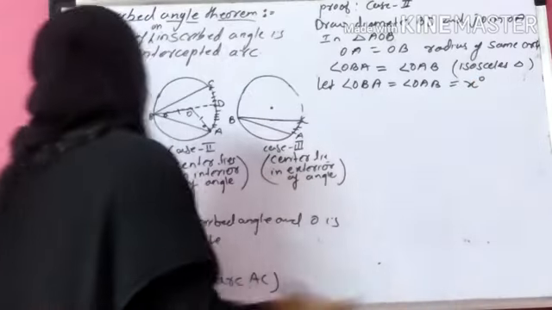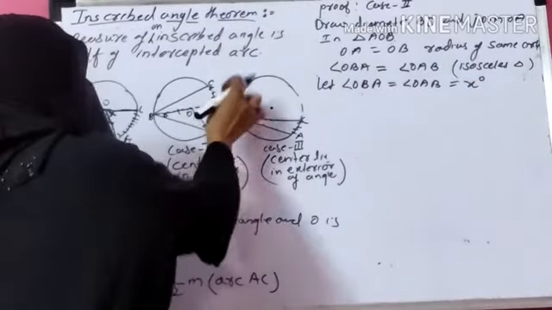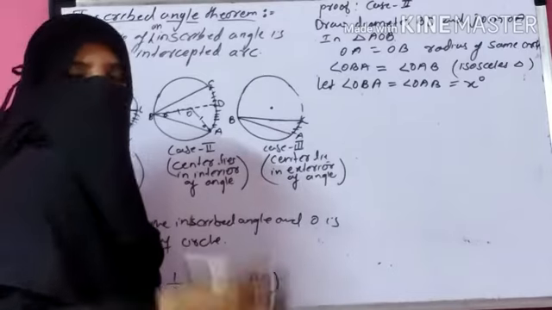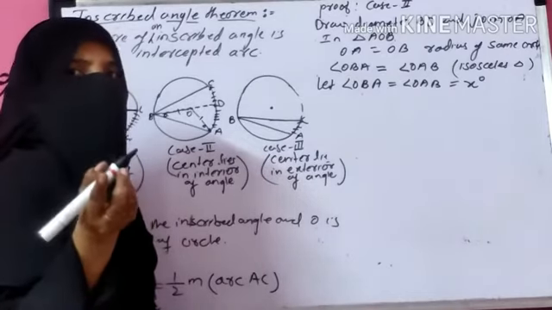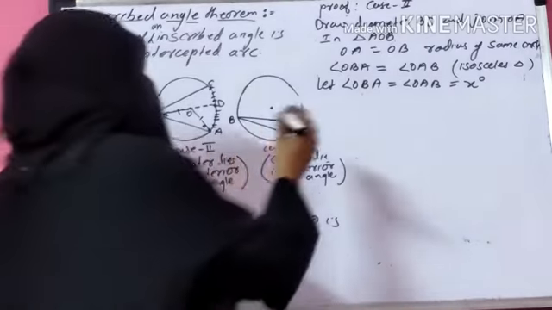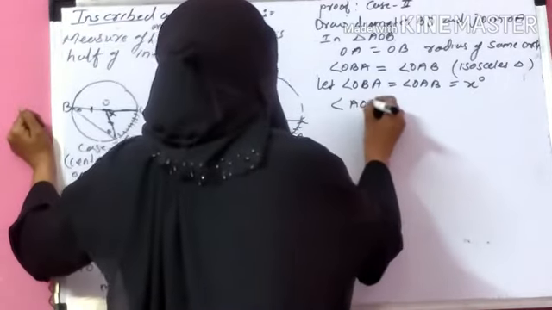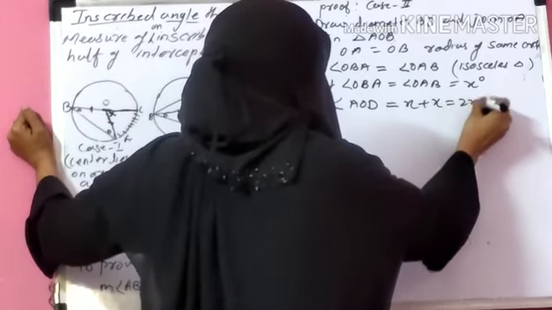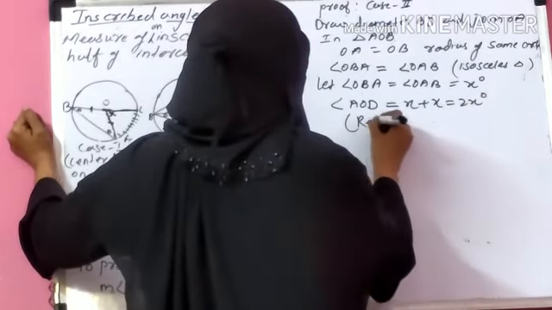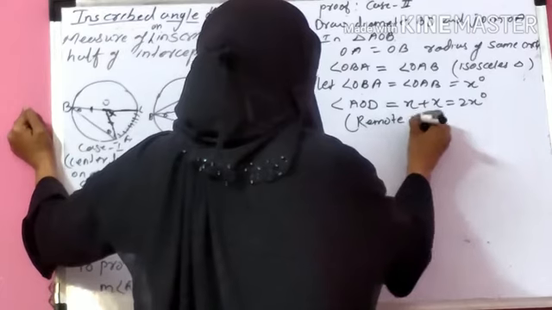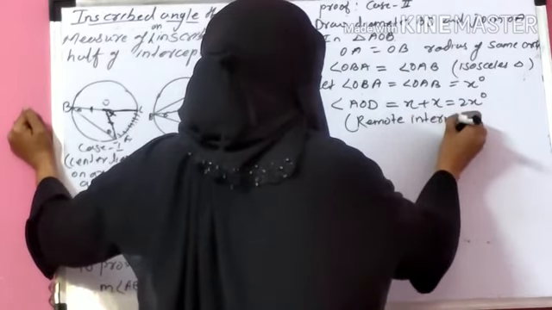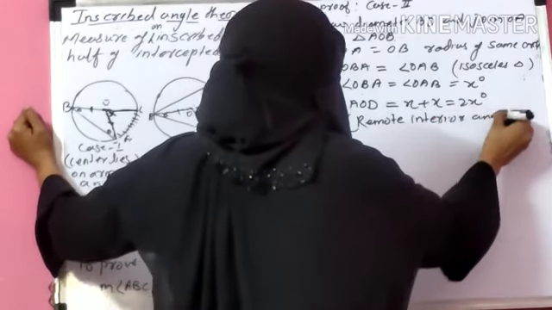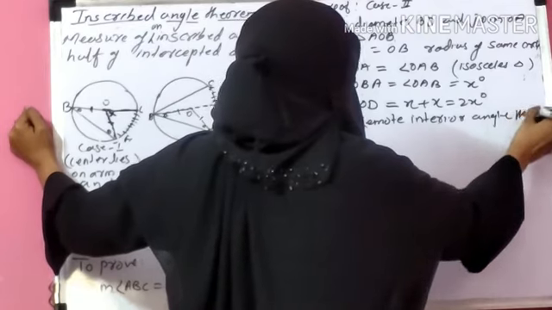Now move to angle AOD. Angle AOD is the exterior angle, and an exterior angle is the sum of its remote interior angles. So angle AOD is equal to x plus x, that is 2x degrees, by the remote interior angle theorem.